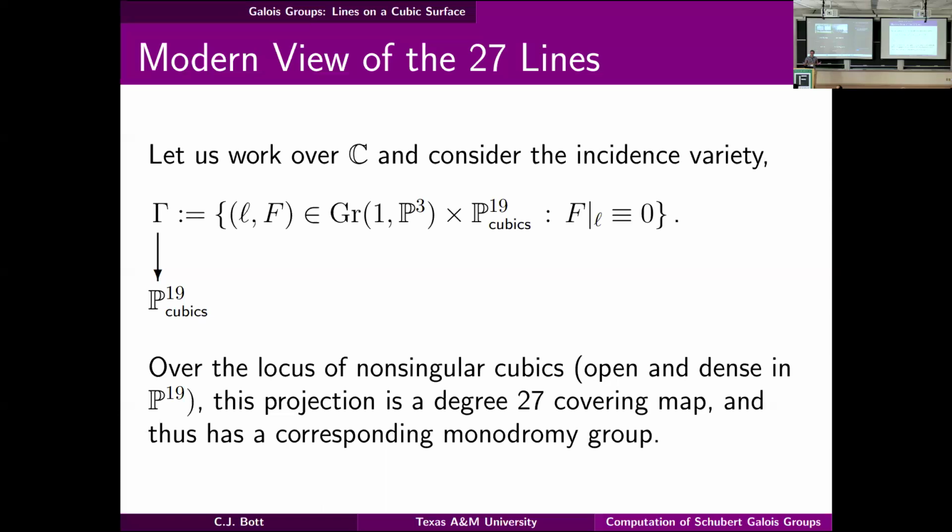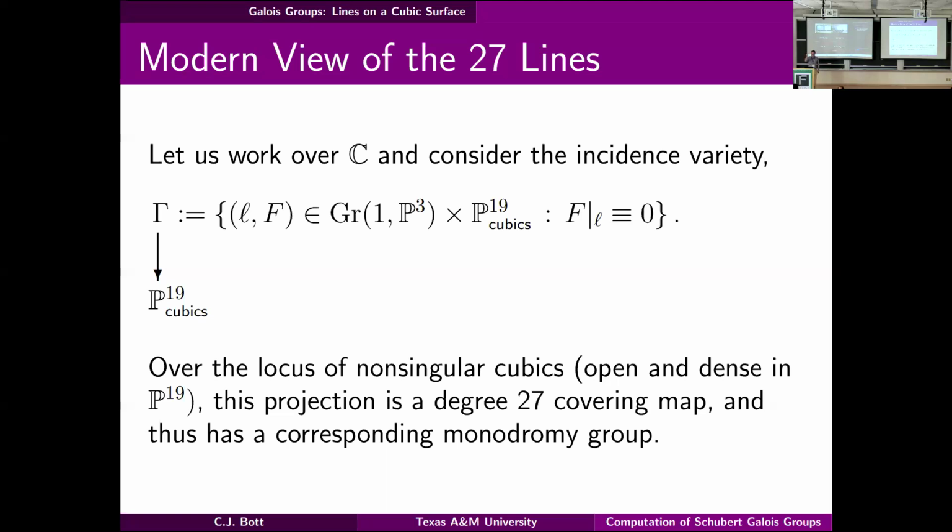So back to lines on the cubic surface. Here, this is the picture Thomas had up yesterday of an incidence variety. We look at pairs of lines in the Grassmannian and cubics, which are given by 20 coefficients, so P^19. And so we're looking at pairs where the lines are on that cubic surface, and we have a projection down to our parameter space of cubics. So if you look at a specific cubic in our base, its fiber is going to be its specific 27 lines, right?